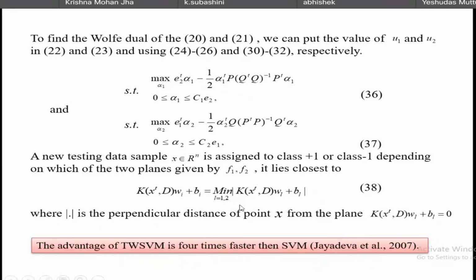Same here, you compute the distances, and whichever is the minimum, you take the class label of that particular sample.